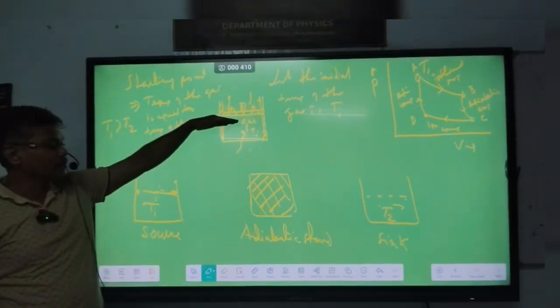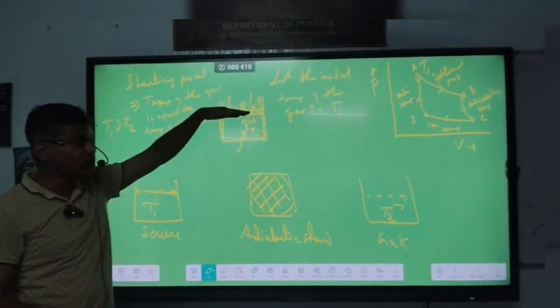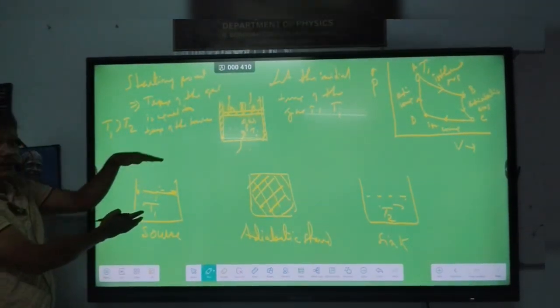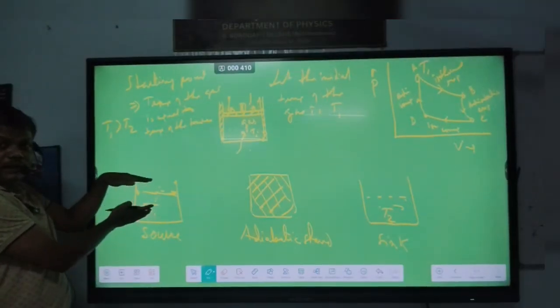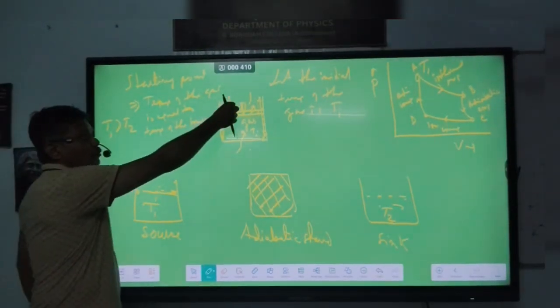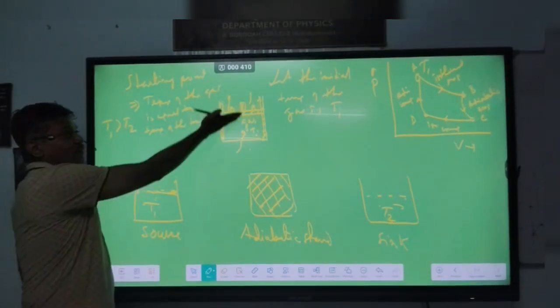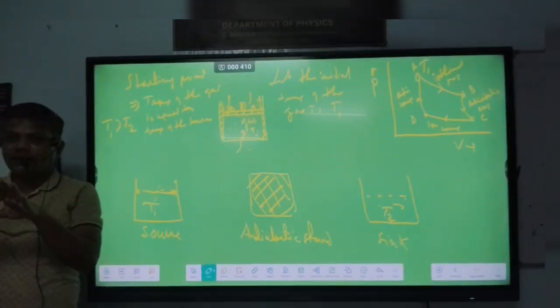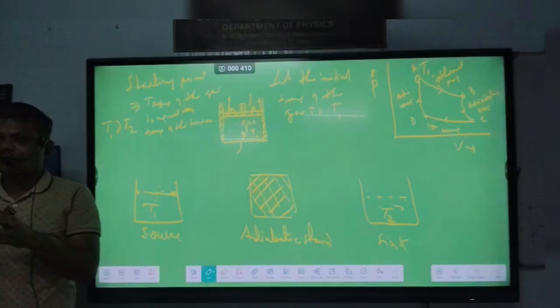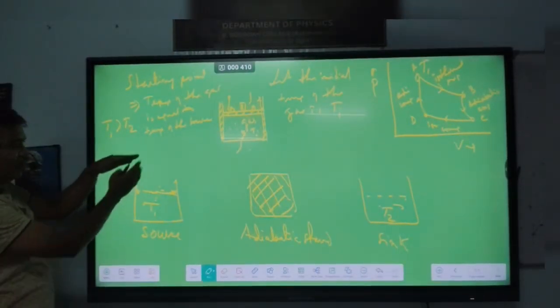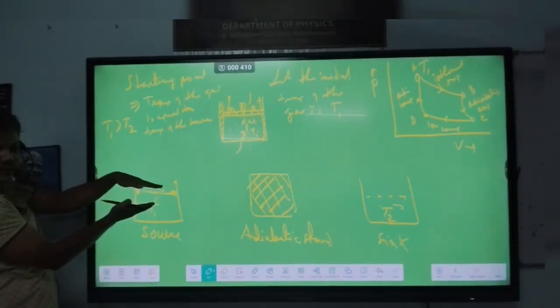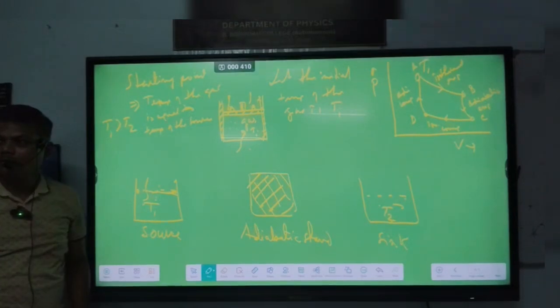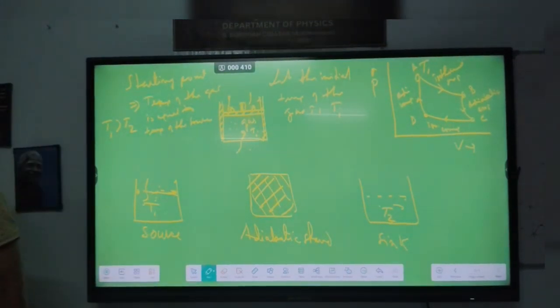The temperature will try to decrease, but this is in contact with the source, so the heat will go to the gas and it will maintain the temperature at T1.